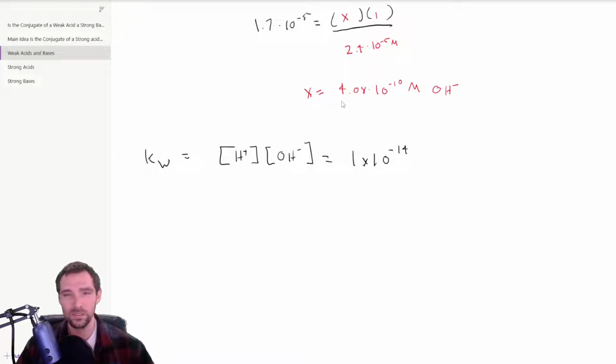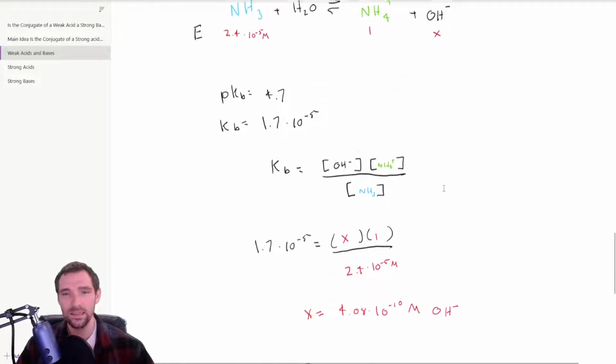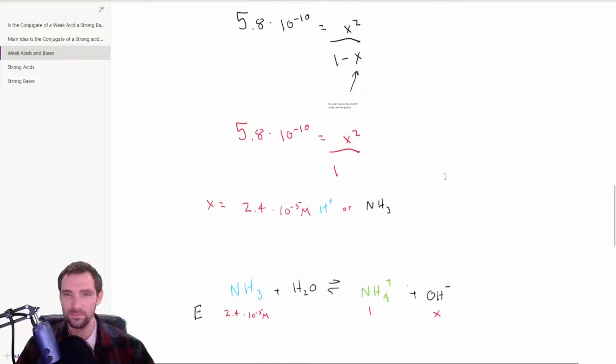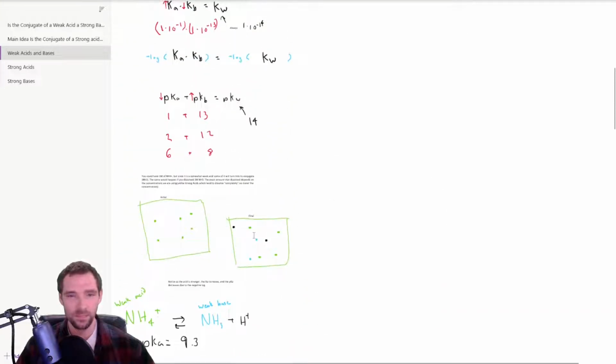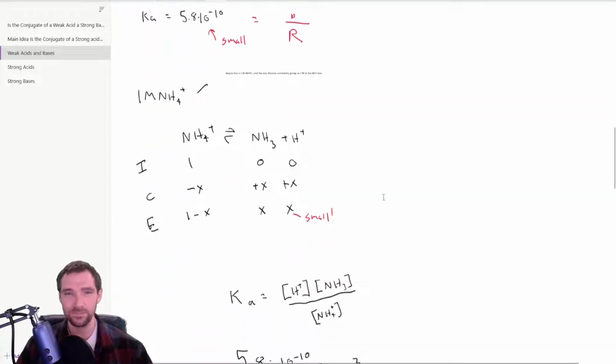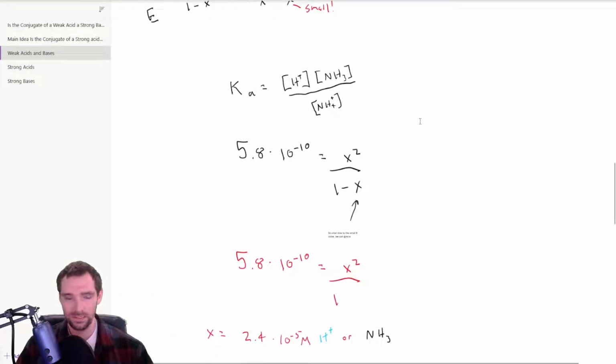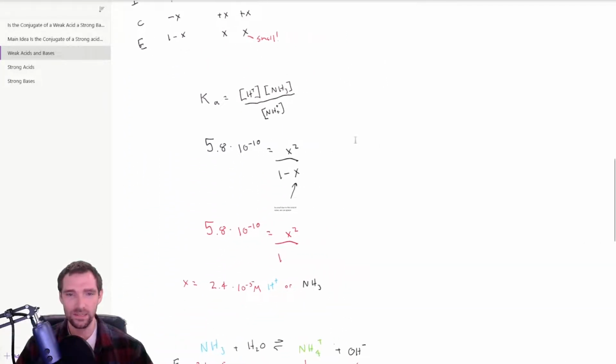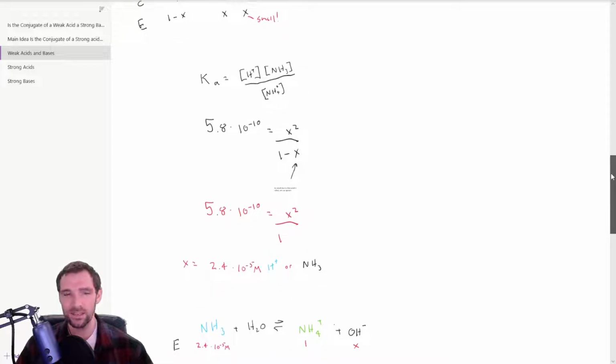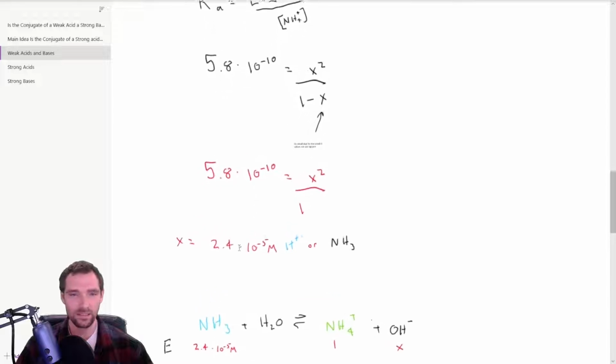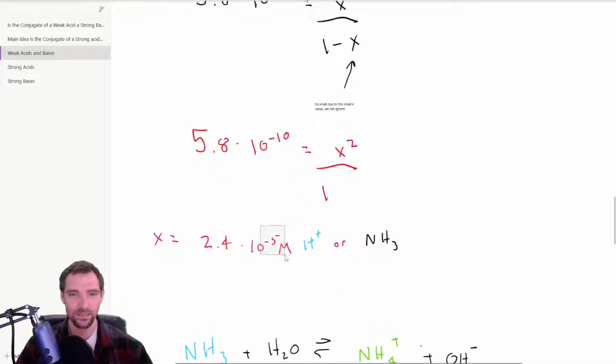So in this situation, you can see that when this dissolved, it produced more hydroxide ions than water normally has in it. Water normally has 1 times 10 to the -7 of these ions. I've got 2 magnitudes bigger than that. So this is a slightly acidic solution.